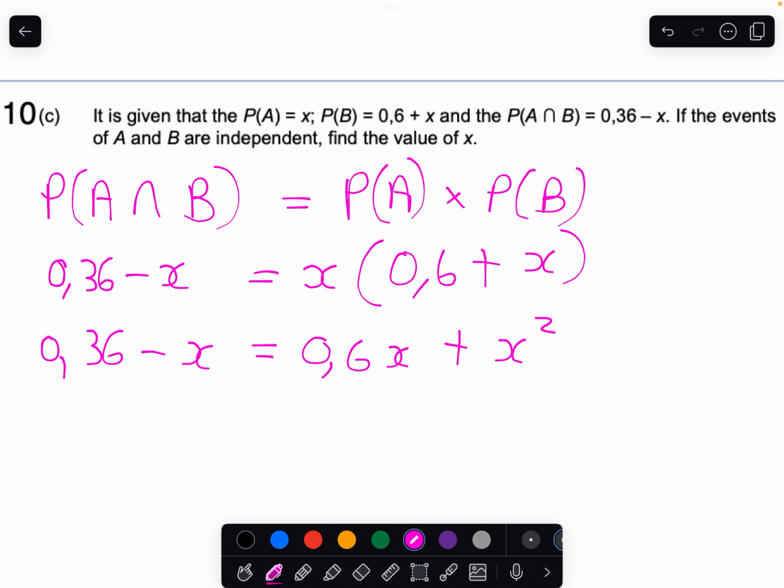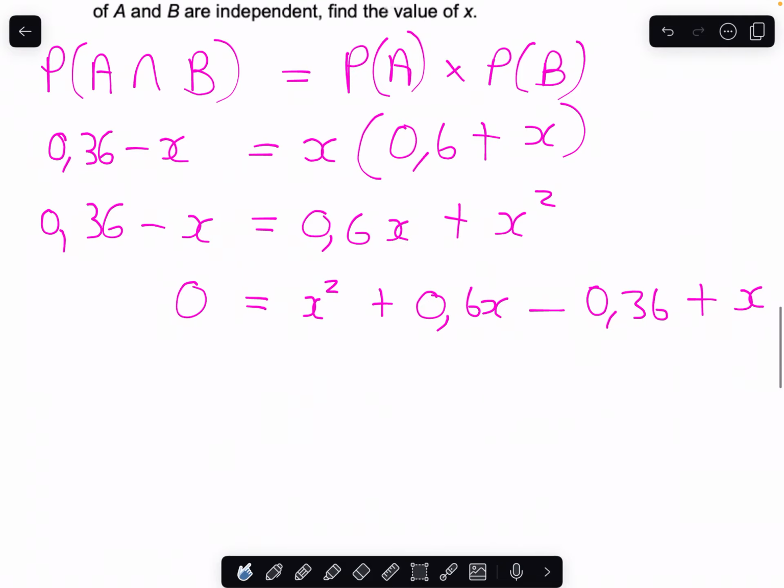And so we will. So minus 0,36 plus x. Okay, so this is 1,6x minus 0,36.